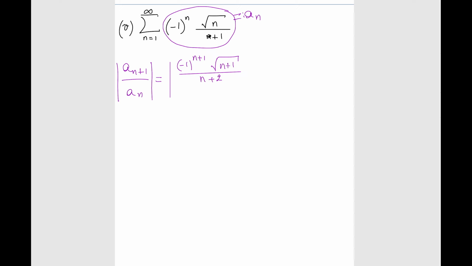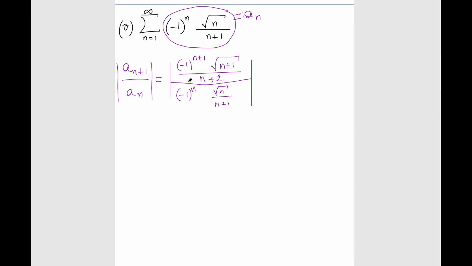Because if you replace n by n+1, this becomes n+1+1, so n+2. And the whole thing is divided by (-1)^n times square root of n divided by n+1. Okay?